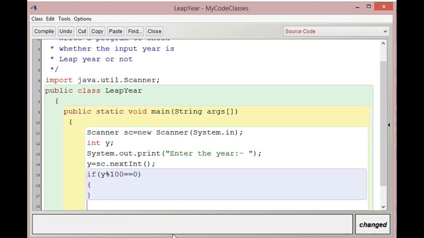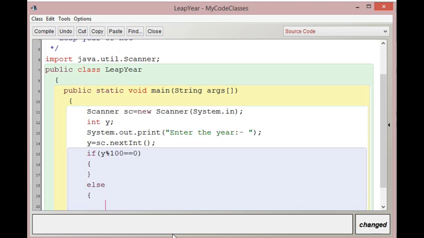I'm not writing it now. But if it is not, then in that case what should be done? I'll be writing it exactly inside here. So what shall I do? I will write if it is divisible by 100, that means if it is a century year, we need to check whether it is divisible by 400 or not.